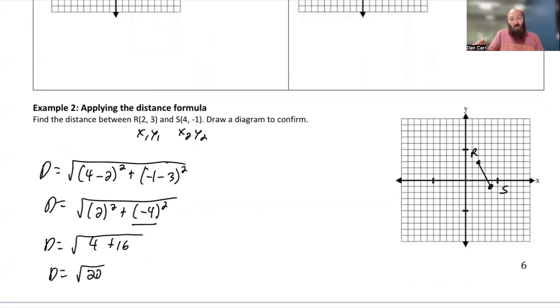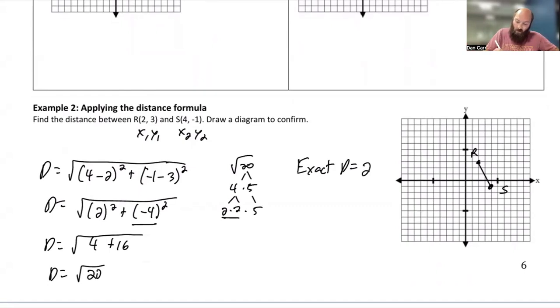Now, lots of times we want to know the exact value, so we're going to take the square root of 20 and break it down. That is 4 times 5, which is 2 times 2, and then times 5. So if I want an exact answer, the distance is equal to, whoops, got ahead of myself. Since I have a pair of 2's, that's going to come out to the front of the radical.